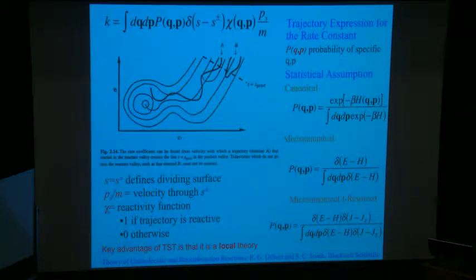You can put it anywhere and you will always get an overestimate, but just how much of an overestimate depends on where you put it. That means there's a variational principle in transition state theory. The best dividing surface is the one that gives you the minimum rate constant. In this picture, the best dividing surface would be something that goes up and down here, the vertical line there.